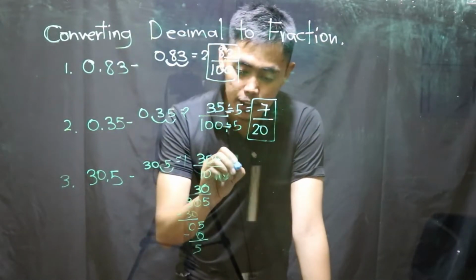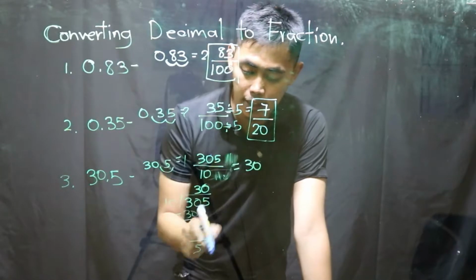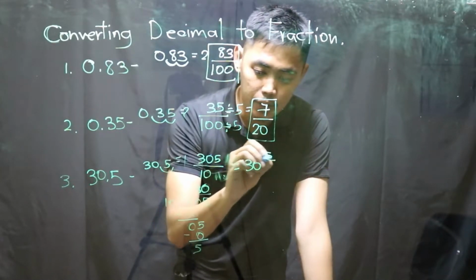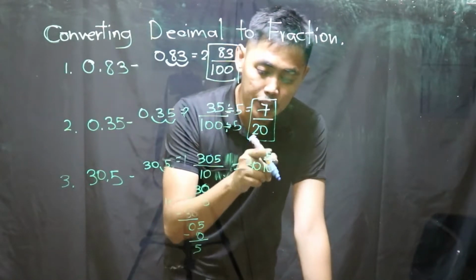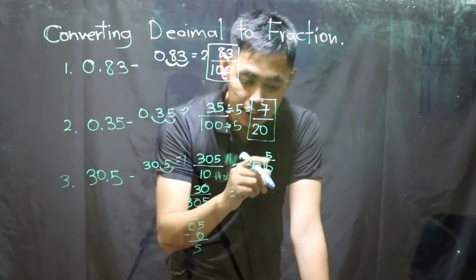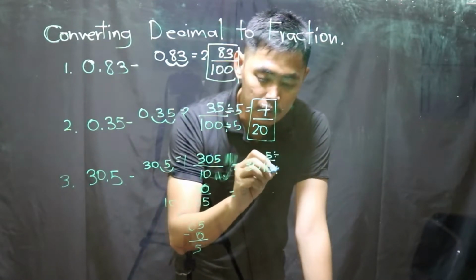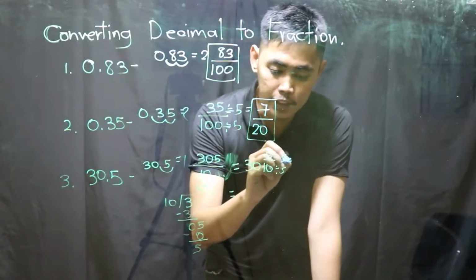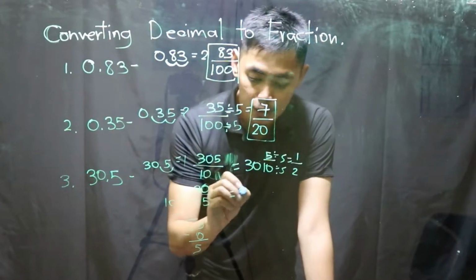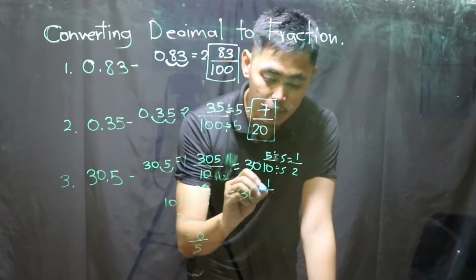So this is equal to 30 and 5 over 10. And if you all notice, 5 over 10, we can still divide by 5. So the answer is 1 over 2. So our final answer is 30 and 1/2.